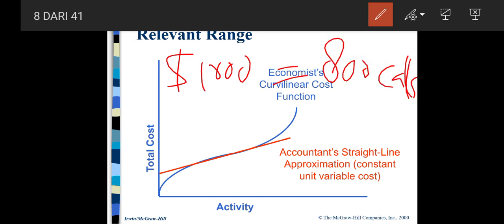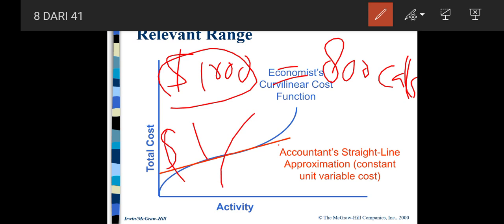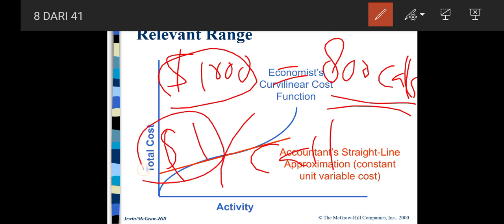Jadi kalau sampai dengan 800 call, dia akan tetap bayar $1,000. And the company pays $1 per call after the calls made above 800 calls. Jadi kalau lewat 800 panggilan, maka biayanya di-charge $1 per panggilan.